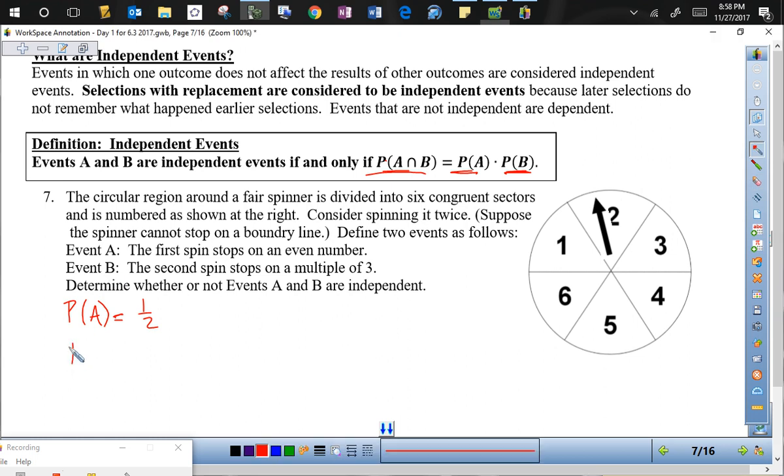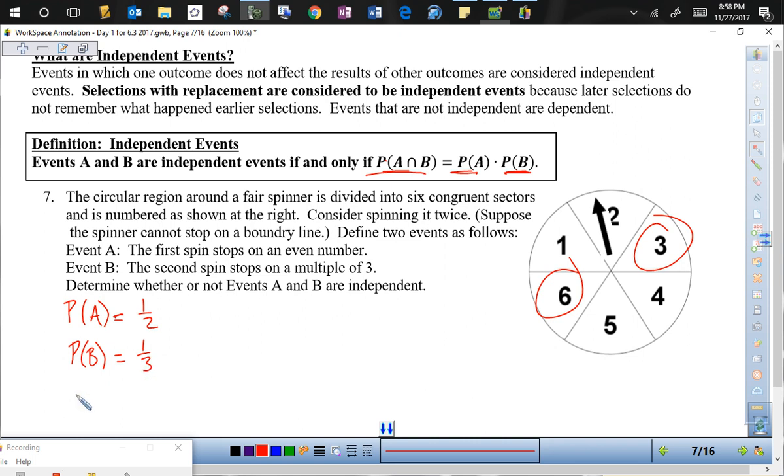Event B, we want to look at what's the probability the second spin stops on a multiple of 3. So we're spinning it again, multiples of 3. We've got 2 successful here, so 2 out of 6, or 1/3.